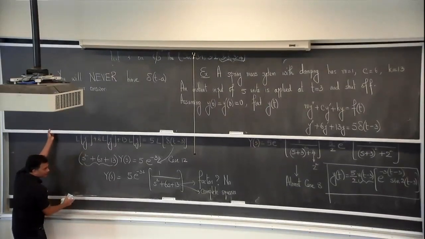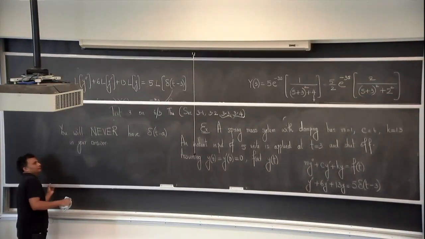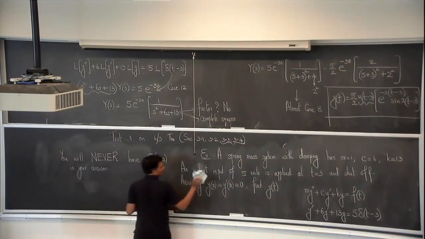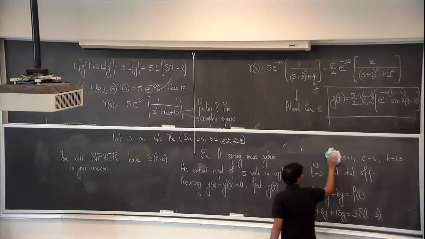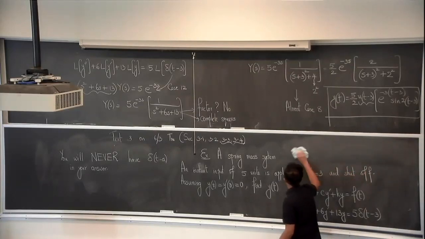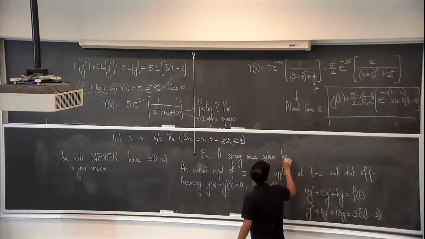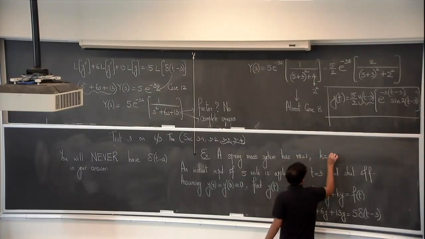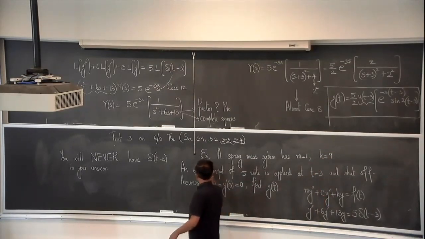Let's turn the damping off. So a spring mass system with no damping has m equal to 1 and k equal to 9. Okay. So there are two things happening here.